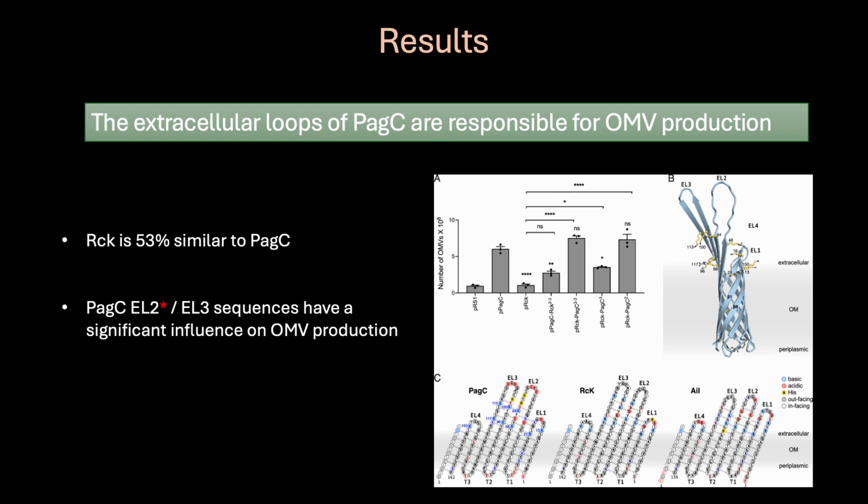The main things I want to point out from this graph is that the strain expressing the wild type PAG-C produced more OMVs than the strain with the empty plasmid and the one with only RCK, and the protein chimeras in which PAG-C's EL2 and EL3 replaced RCK's EL2 and EL3 sequence also caused an increase in the number of OMVs.